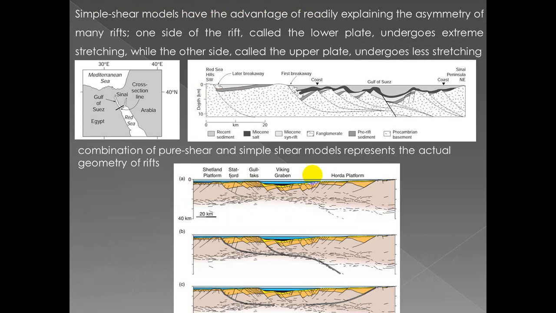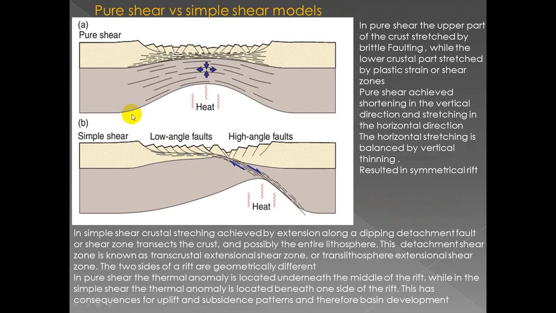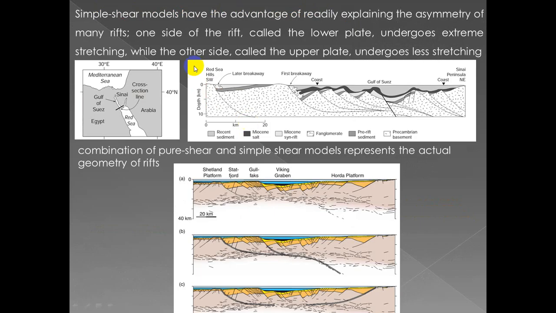But actually, in most rifts in the world, we have asymmetrical geometry, not symmetrical geometry. So in most cases, we have this form of extension, asymmetrical shape of rifts. So simple shear models have the advantage of reality, explaining the asymmetry of many rifts.